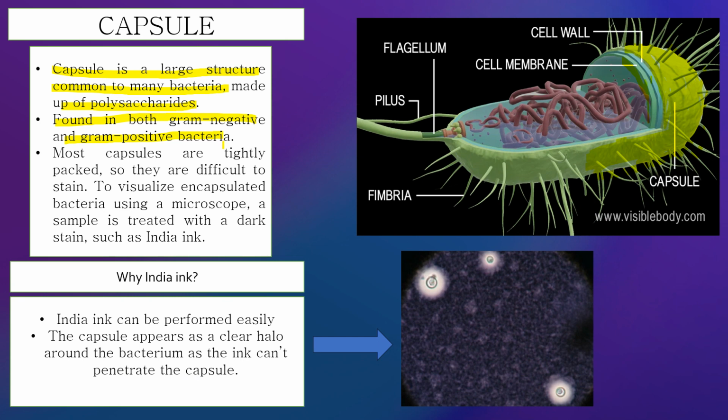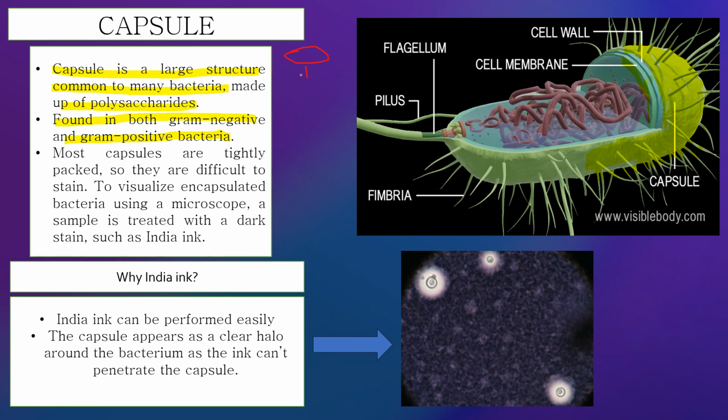We have studied what gram-negative and gram-positive bacteria are. We distinguished these two bacteria by applying the gram staining technique, right? Do you remember the technique? First, we took a cell plate. We don't know which bacteria it is.